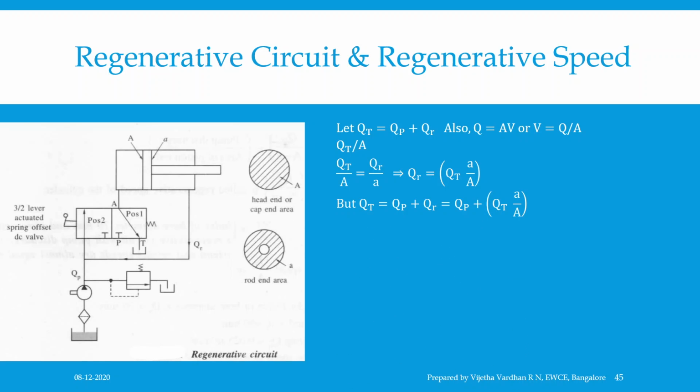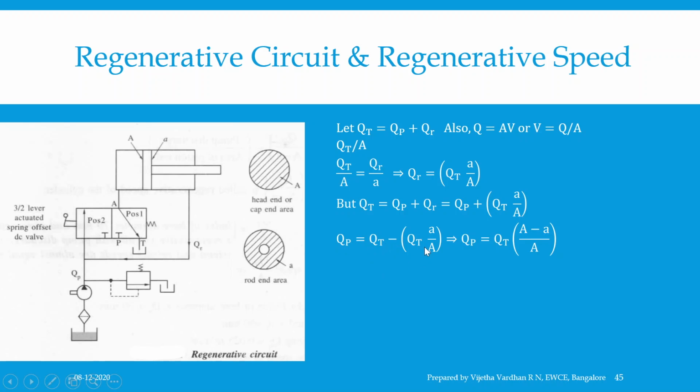And we also know that the total discharge to the extension end will be pump plus retraction, which you can see is what is taken here. So upon substitution of these values in this equation, it can be written as QT is equal to QP plus QT into small a by capital A. Upon further simplification, we take QP on the left hand side and QT on the right hand side.